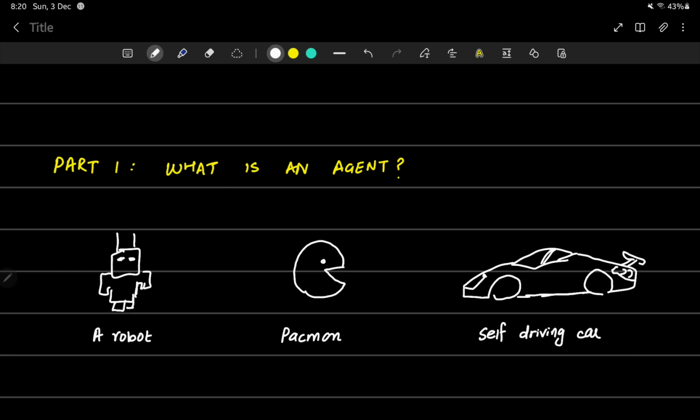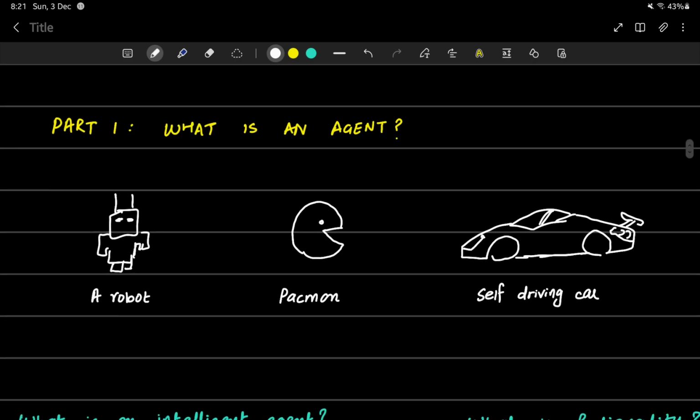So that is an agent. If I want to build a self-driving car, the main character in my story is the self-driving car. So that can be an agent. And let's say you want to build a walking robot, then that robot is the main character of your story.